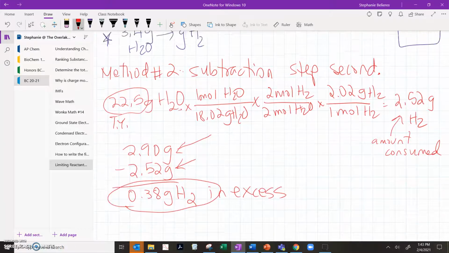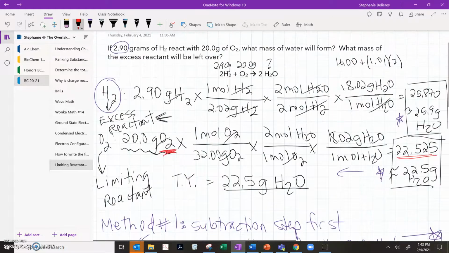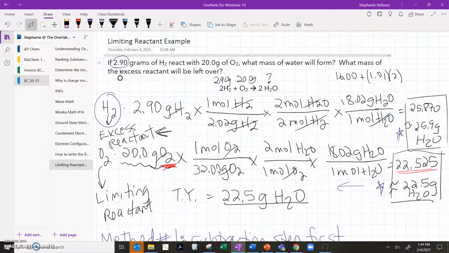So again, you're going to do a logic check here, making sure that the number is less than your starting value. Now, what that means is I started with a certain amount of molecules of hydrogen and a certain amount of molecules of oxygen that correspond to 2.90 grams and 20 grams.